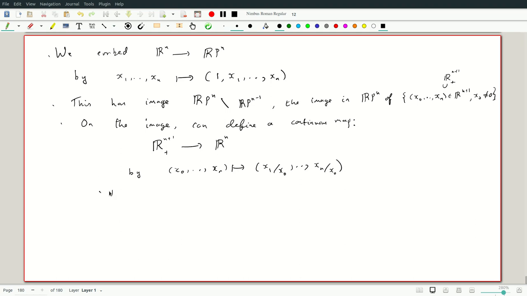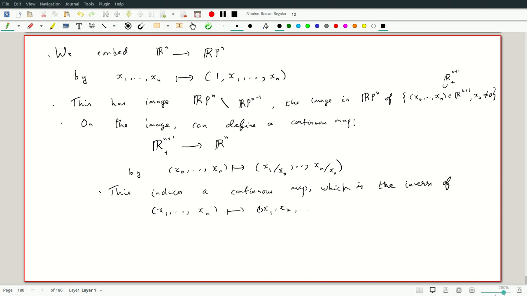Okay, and this induces a continuous map, which is the inverse of the above. An inverse of looking at (x1, ..., xn), it maps to (1, x1, x2, and so on, xn).